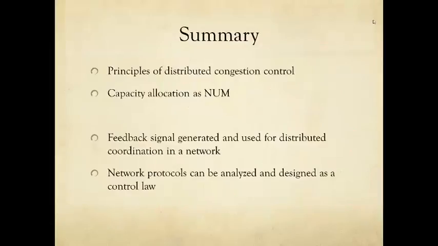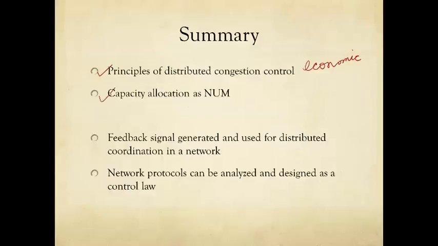Okay. So in summary, we have touched upon quite a few different corners today. We talked about the 5 principles of distributed congestion control. It is a networked version of the economics principle of demand supply regulation. We have also looked at the mechanics of some of the popular congestion control protocols in TCP.